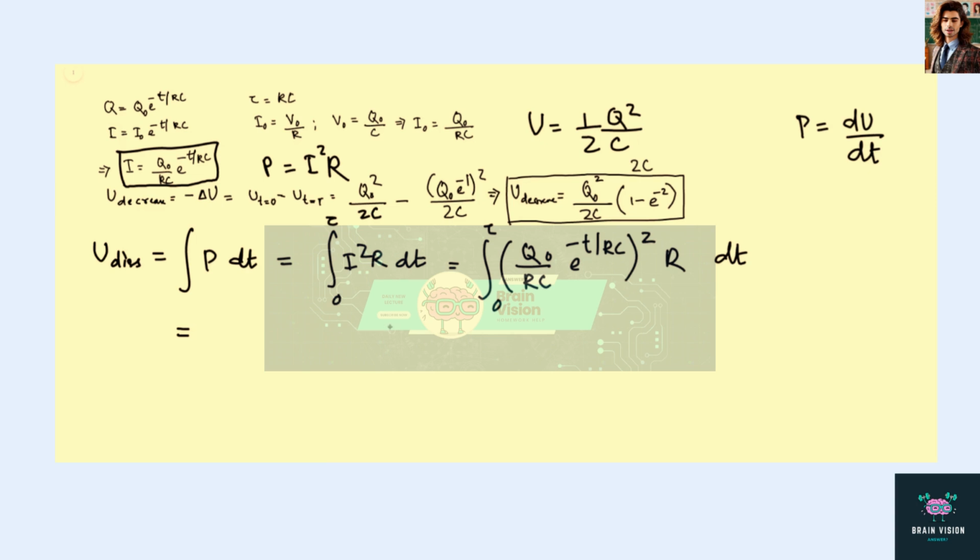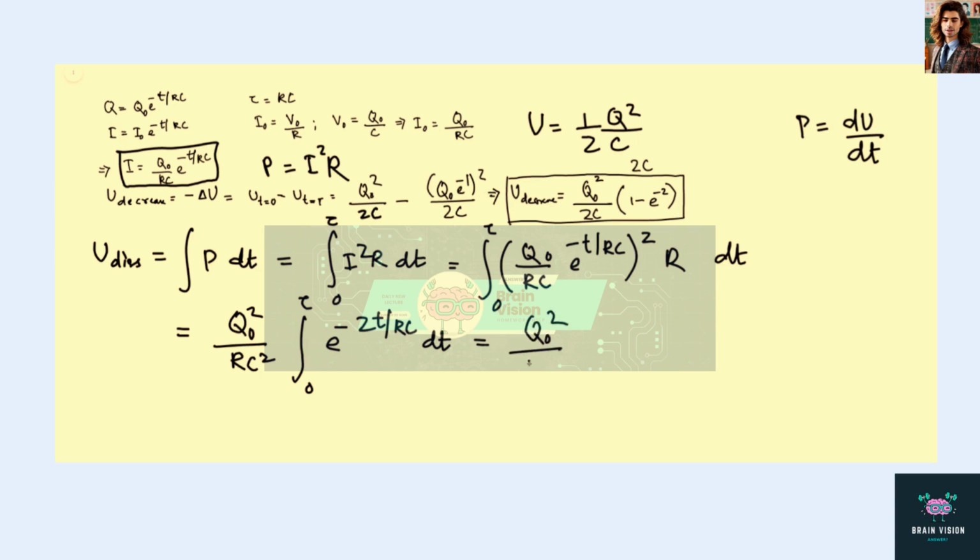Now let's take the constants out of the integral. So Q naught square over RC square. So this is a constant term, and let's keep the time dependent terms inside the integral. So this is our simplified equation. Now we do the integral for this.